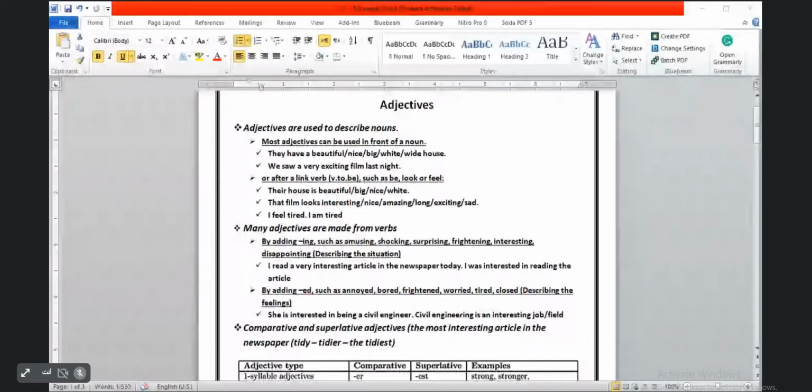Okay. Can you change it to make it describe your feelings about the film? Like making amazing, amazed. I am... yes, with the same adjective, but make it with ED.